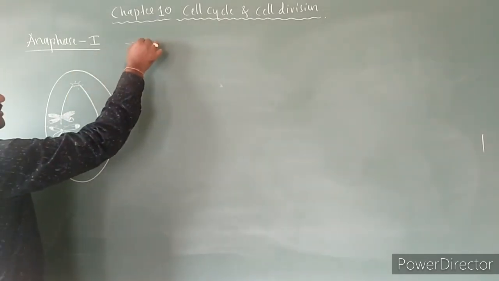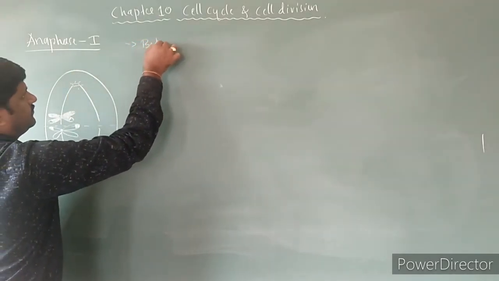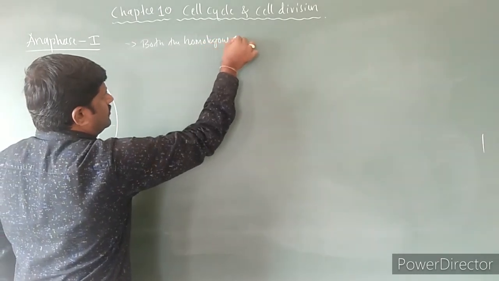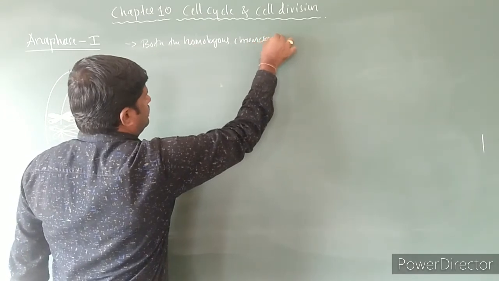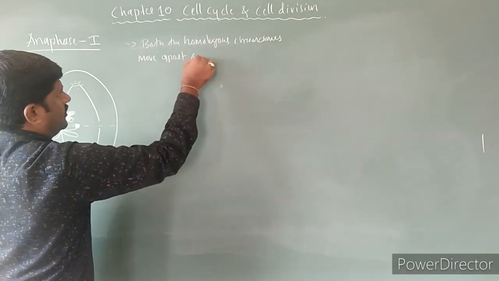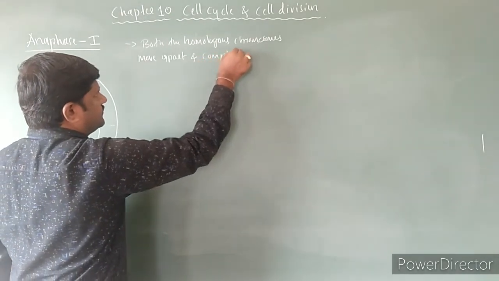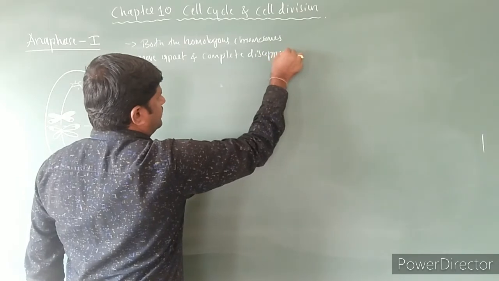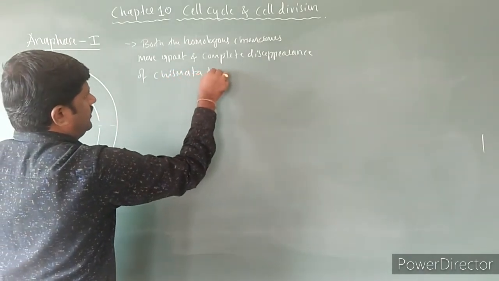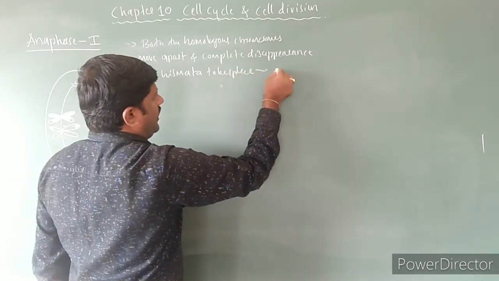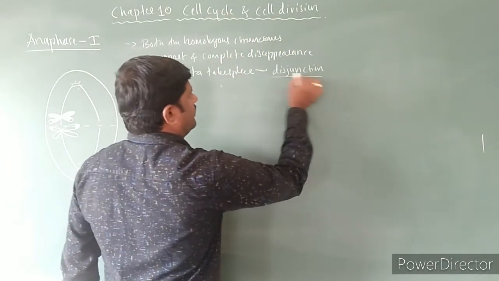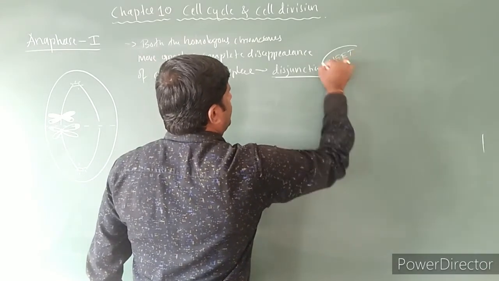Here in this stage, both the homologous chromosomes move apart and complete disappearance of chiasmata takes place, and this is called disjunction. A very important word to remember for the NEET examination.